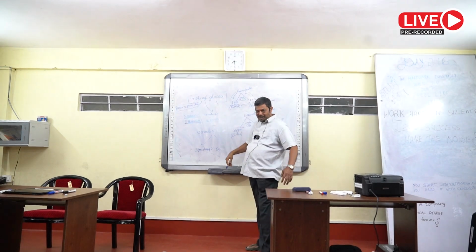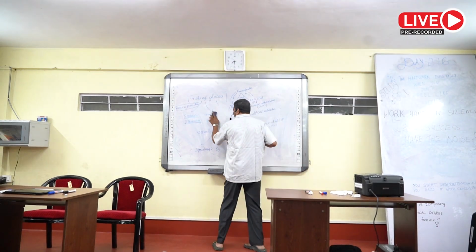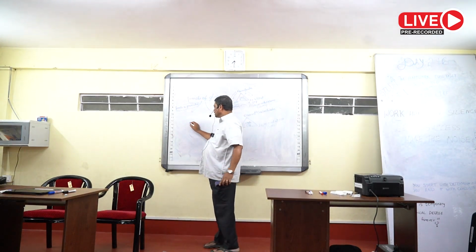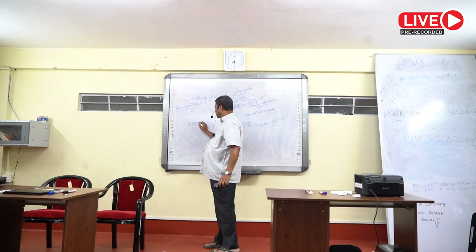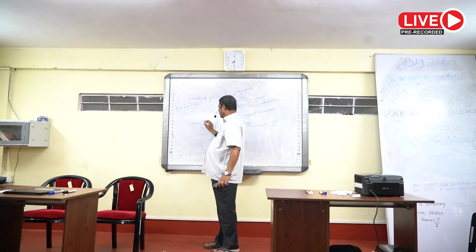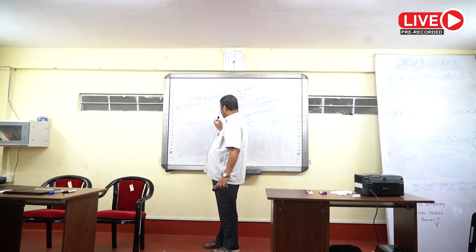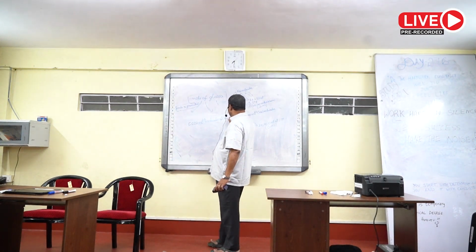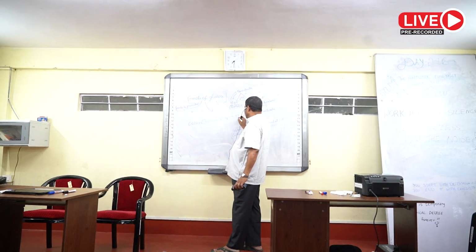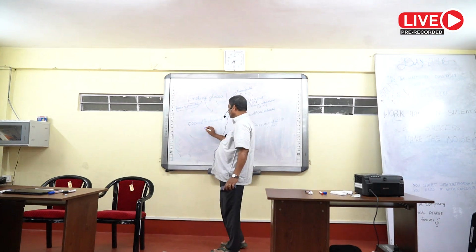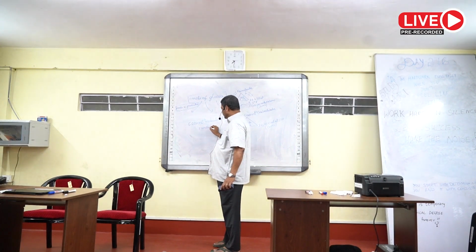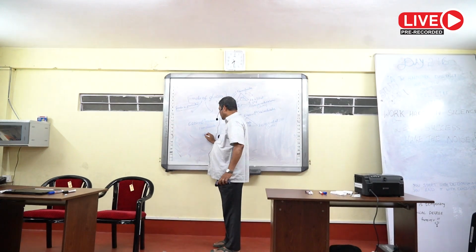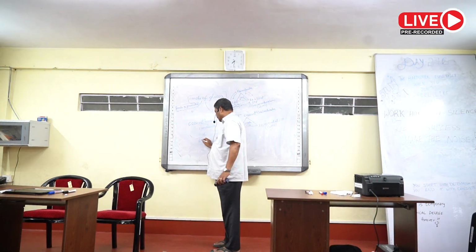One molecule weighs how much? So this is the relation. 6.022 into 10 power 23 molecules of CH4 weighs 16 grams. One molecule weighs how much? 16 by Avogadro number.